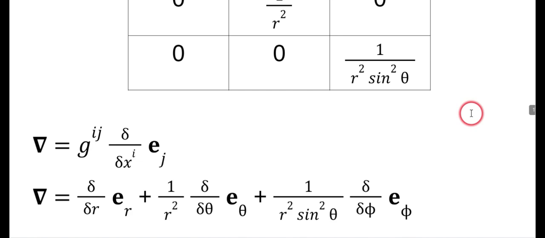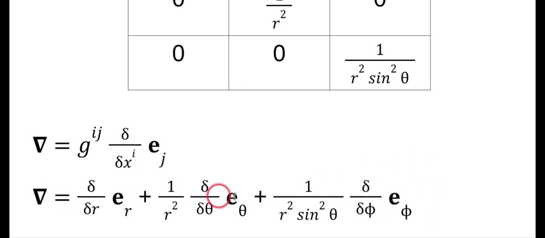So we put all that in. G RR is 1, and we're taking the partial with respect to I, which is R, and J, which is R. And then G theta theta is 1 over R squared, partial with respect to theta, E theta, plus G phi phi, which is 1 over R squared sine squared theta, the partial with respect to phi, E phi.